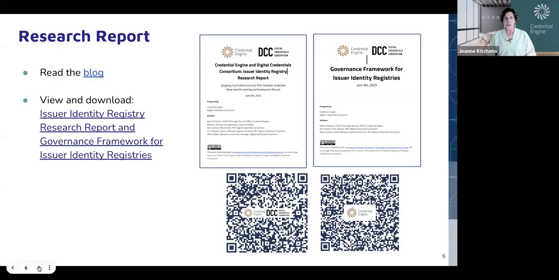It concluded back in June of 2025, and we co-authored a research report and a governance framework. And what we have done here at Credential Engine is put both into action. We have literally launched an issuer identity registry and a public governance framework, both grounded completely in the research that we did with our partners at DCC.